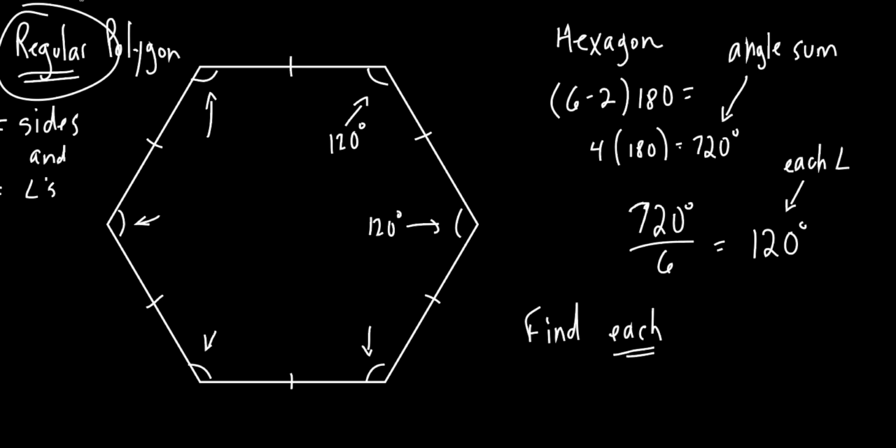You with me? When I did those random ones, there's no way in the world that I could figure out what each of those angles were. But I could figure out what they all added up to be. This one, I can figure out what each angle is. Make sense? Let's do a figure that we haven't talked about yet today, an octagon.